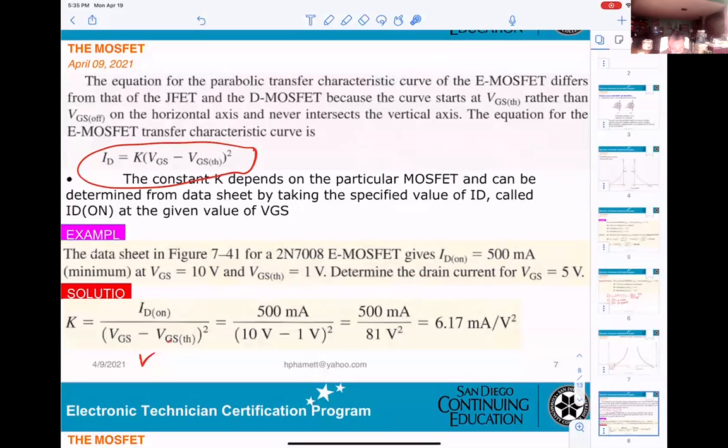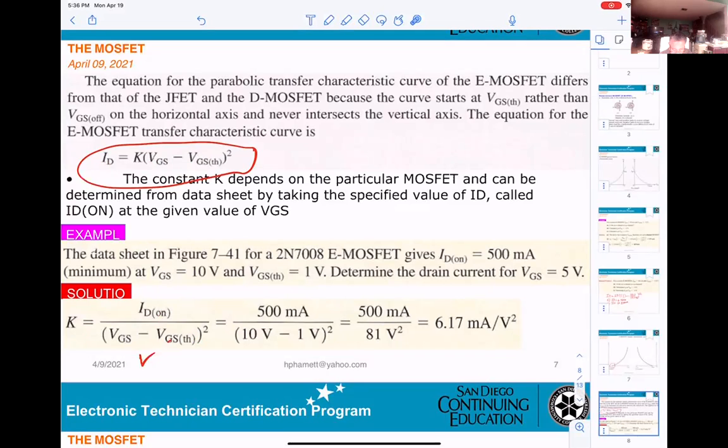For the calculation, the first thing you need to calculate is K. From this formula, K equals ID(on) divided by (VGS minus VGS(th)) squared.